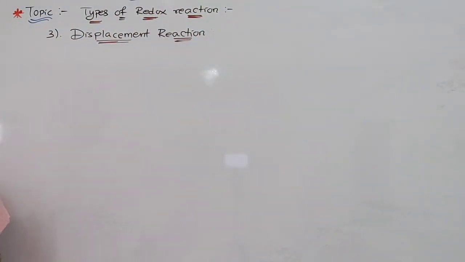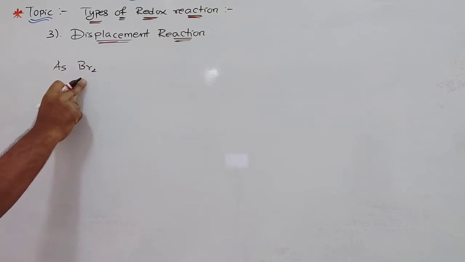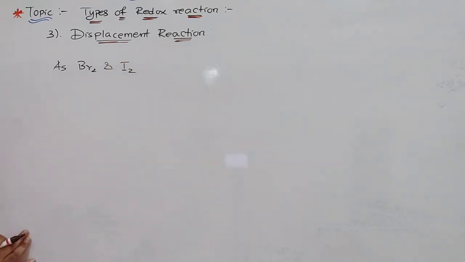Now, in your book, one nice topic is given: as Br2 and I2 are colored and dissolved in CCl4, they can be easily identified from the color of the solution. The above reaction can be written here. You can see in this case, Br2 is yellowish brown, and iodine is dark, I think, yellowish dark, meaning dark brown color also you can say.